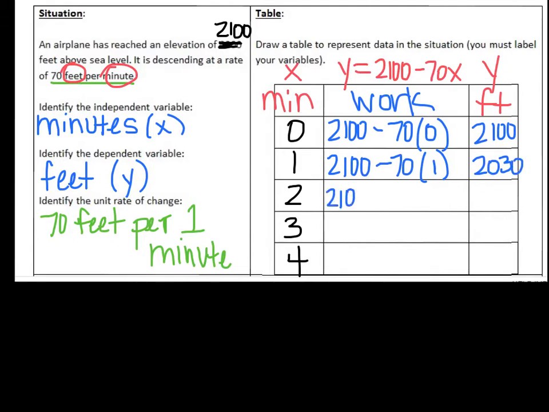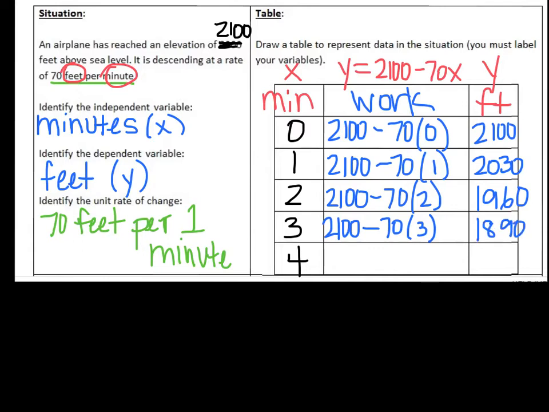Then 2,100 minus 70 times 2 minutes. And basically, we're just subtracting our unit rate again, so that is 1,960 feet. Then 2,100 minus 70 times 3 is going to be 1,890 feet. And then 2,100 minus 70 times 4 minutes would be 1,820 feet.